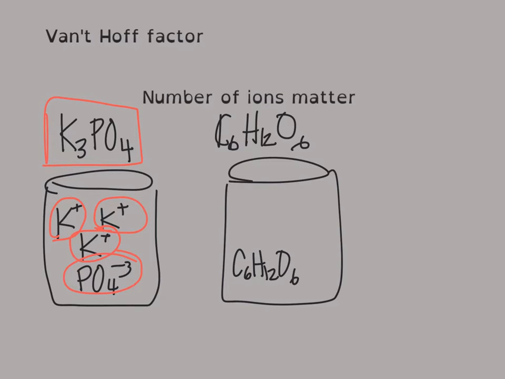And it has a factor of 1 versus K3PO4, which has a factor of 4. So when you're doing the Van't Hoff factor, you need to decide if it's ionic, and if it is ionic, how many ions are broken up whenever you dissolve. If it's not ionic and it's a covalent compound, a molecule, then you don't have a factor to deal with.